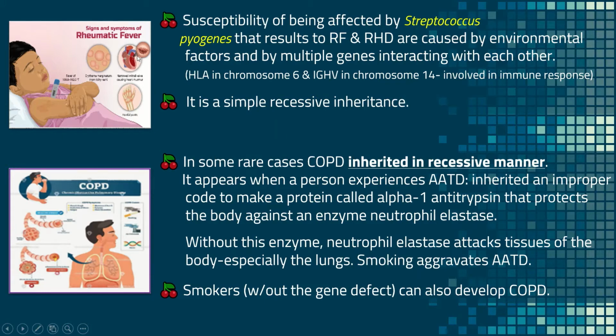If no surgery is undertaken by that person, then it will lead to the person's eventual death. So genes are one of the factors why there are some people who are susceptible to RHD.